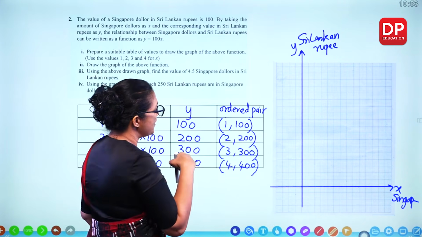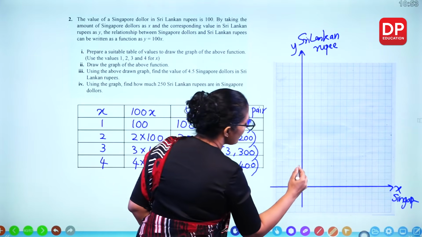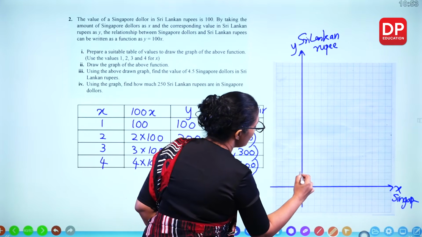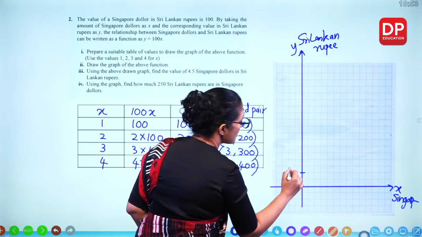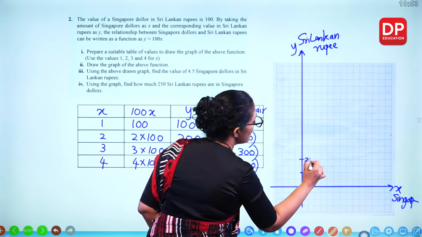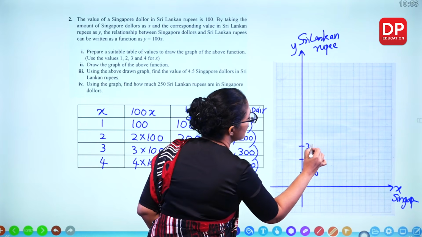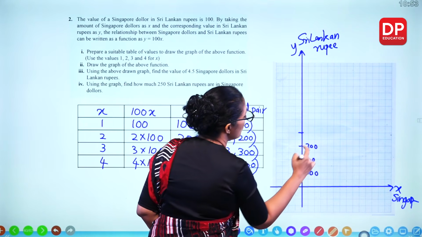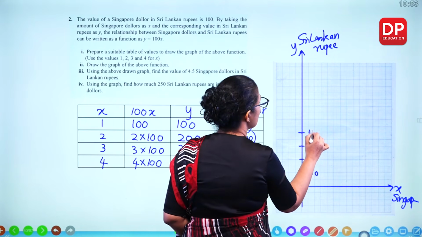Now up to 400 is there. We'll take 100 for 2 squares. 100, 200, 300, 400.